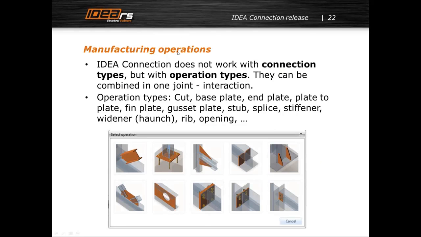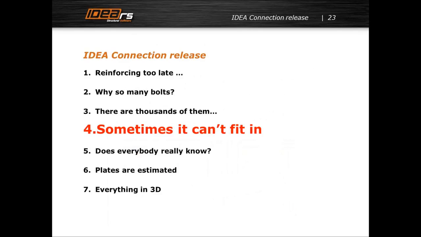Therefore, we speak about manufacturing operations, and we have a lot of them, like cuts, base plates, wideners, stiffeners, ribs, gusset plates, openings, end plates, and we have now many more of them in the current version of the software.